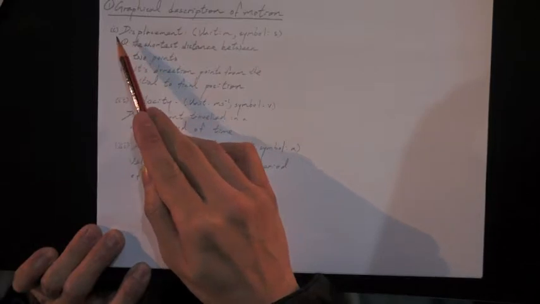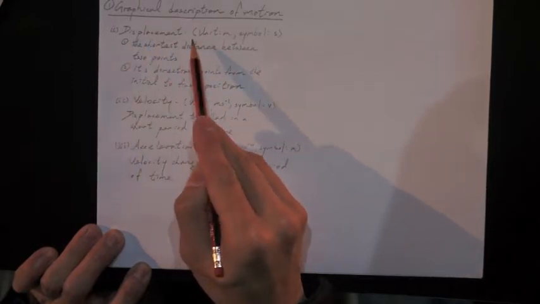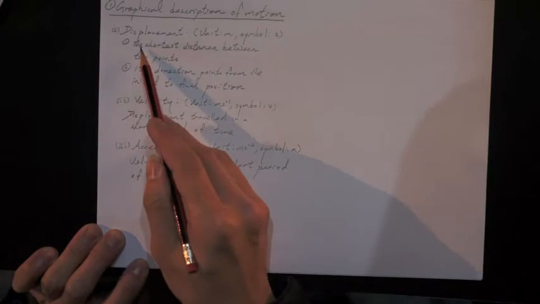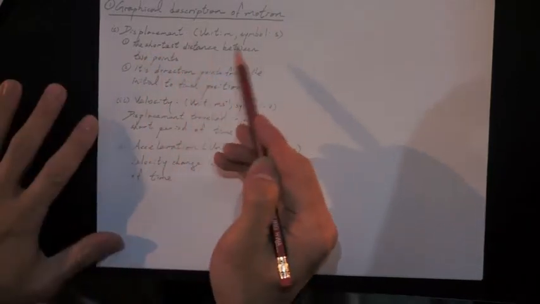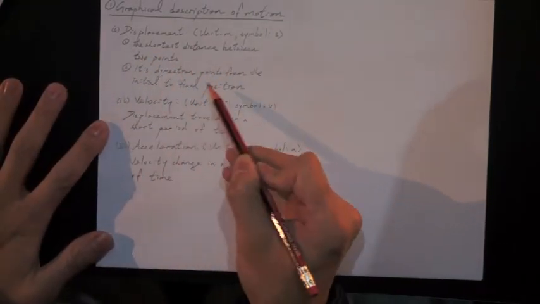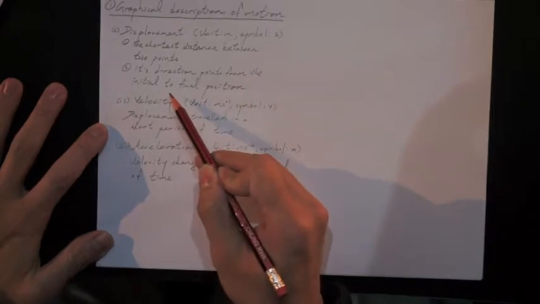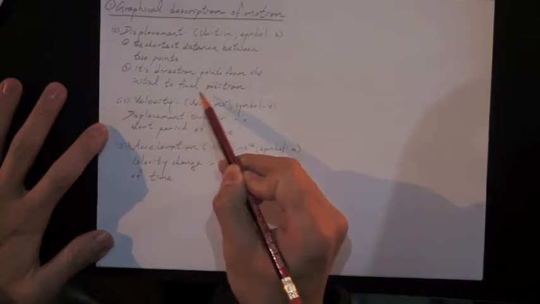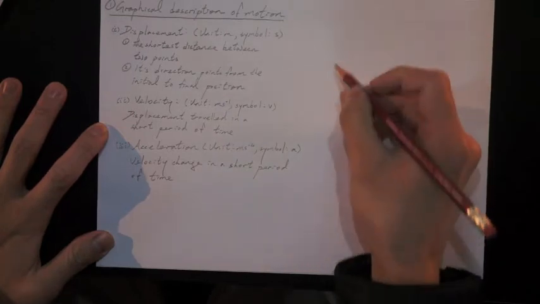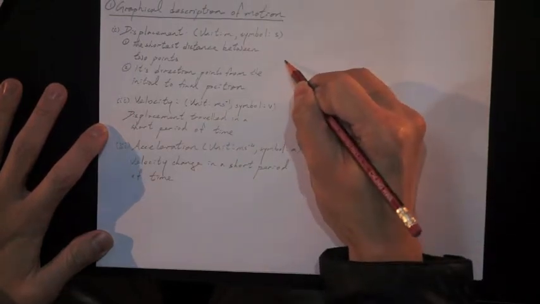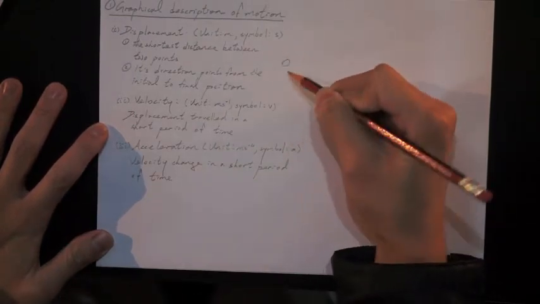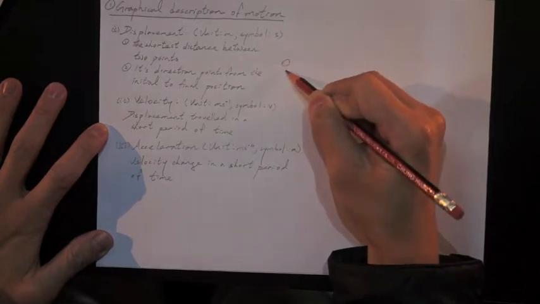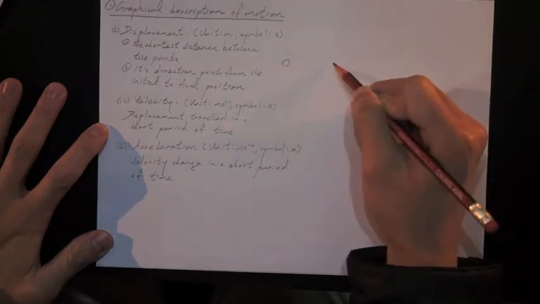First, the term displacement means the shortest distance between 2 points, and its direction points from the initial to the final position. That means if an object starts here, it is the initial position, and the final position is here.